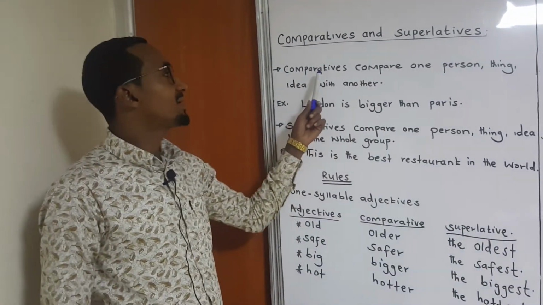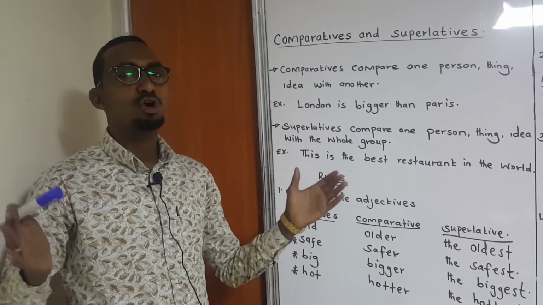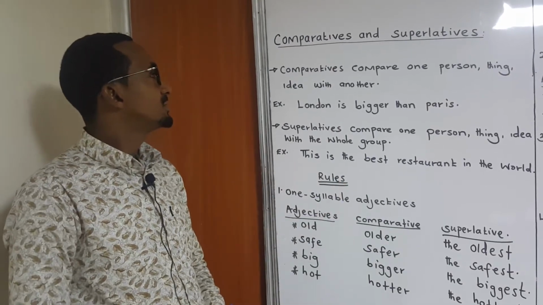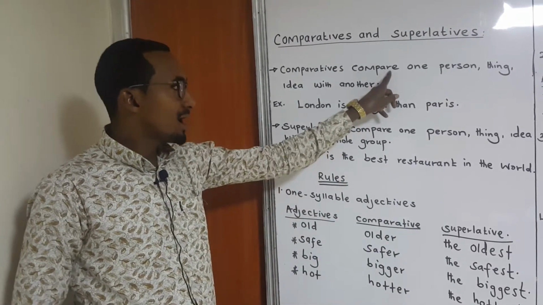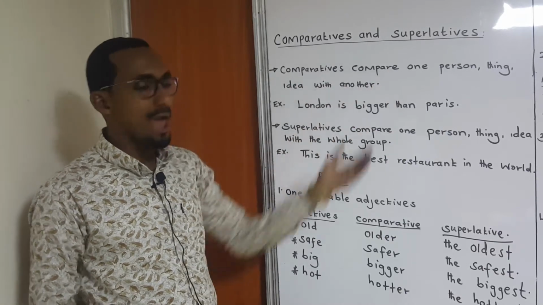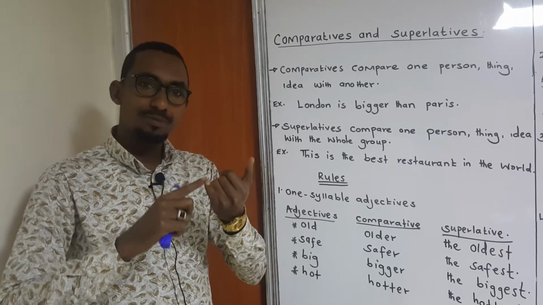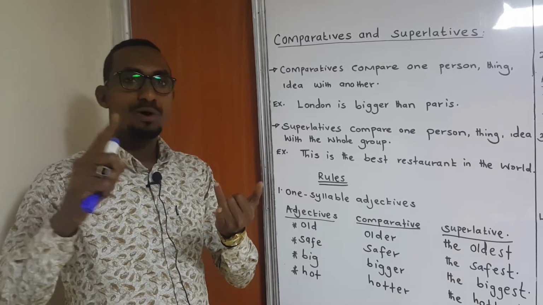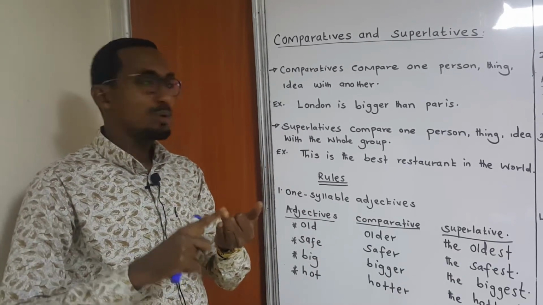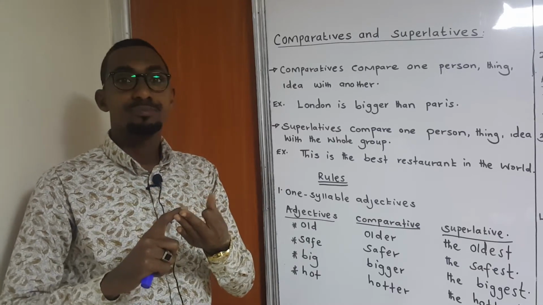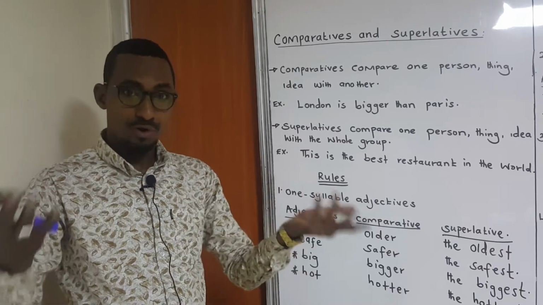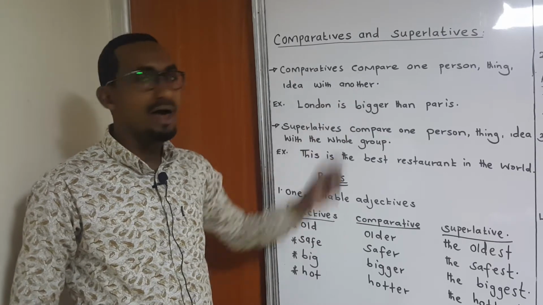And comparatives, if you want to know the word comparatives, compare. Comparatives compare one person, one thing, one idea, one place, and so on with another.